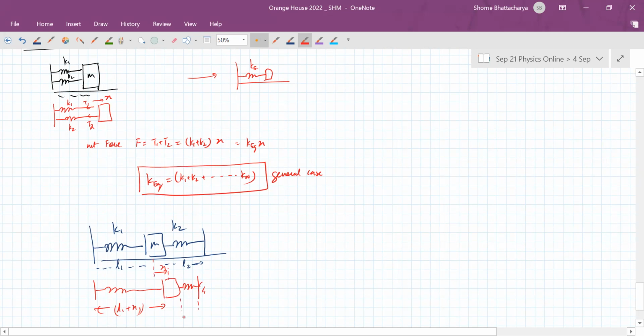This becomes L2 minus x or whatever. So both of them still apply the force in the same way. So still the net force is T1 plus T2. This is also a parallel combination.